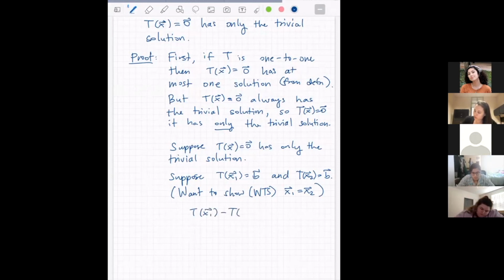So we're going to use the fact that, first of all, T of X1 minus T of X2, each of these are equal to B. They both map to B. So these will cancel, we just get 0. Right? Next, we use the fact that T is a linear transformation, so we can combine this into T applied to X1 minus X2.